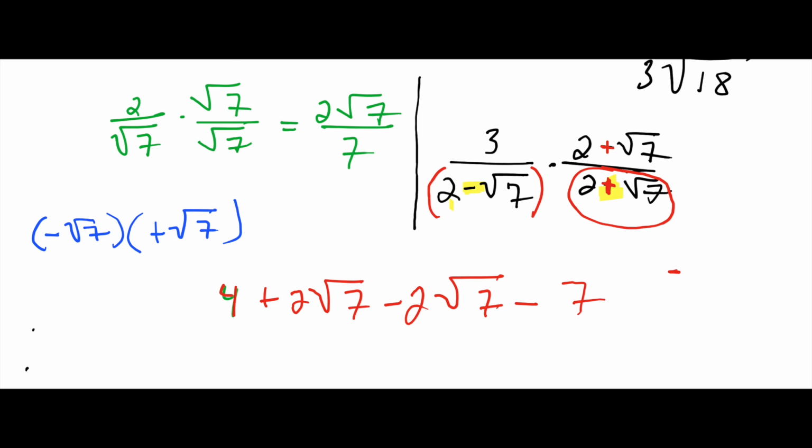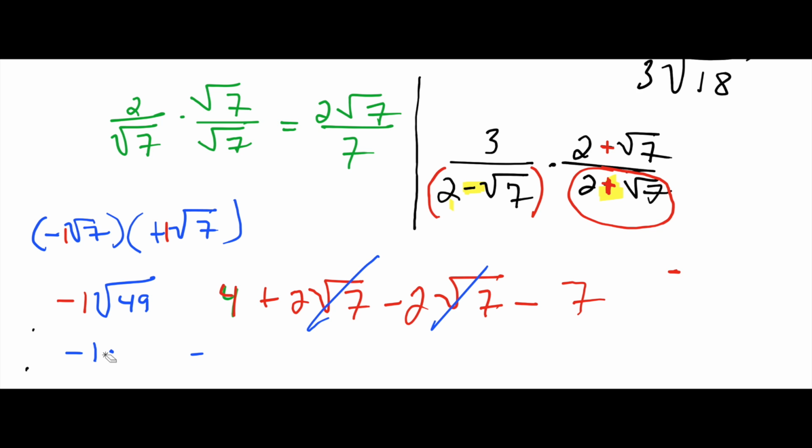And you have an invisible 1 here and an invisible 1 here. So negative invisible 1 times positive invisible 1 is negative 1, and then you have the square root of 49. And the square root of 49 is 7. So that gives you negative 1 times 7, which is negative 7. All right, so you get your middle wipeout right there.